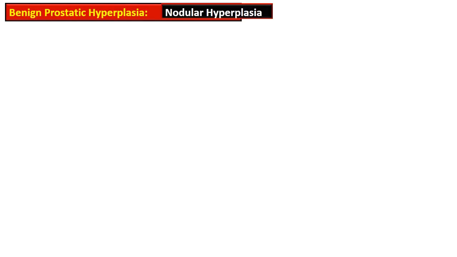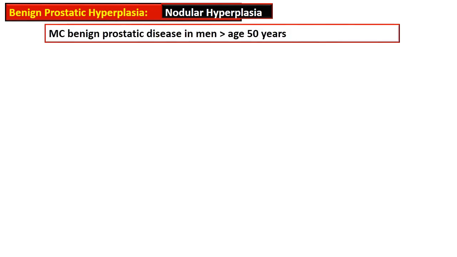Benign prostatic hyperplasia, that is also termed as nodular hyperplasia and abbreviated as BPH. It is also abbreviated as BEP or benign enlargement of the prostate in various literature. It is the most common benign prostatic disease in men over the age of 50 years.